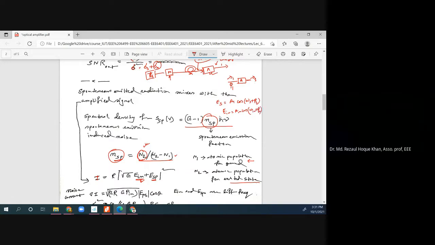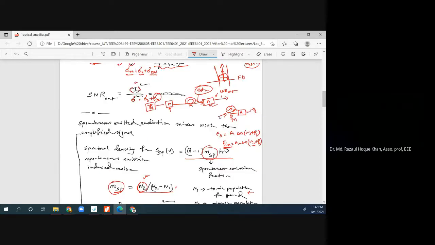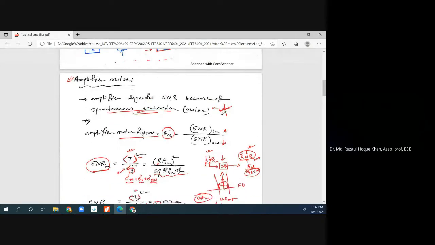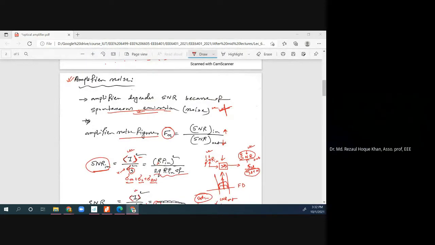This is the input energy, or the complex signal of the input, which contains lambda in, omega in, where omega is 2 pi f, and phi in. ES is the spontaneous emission.